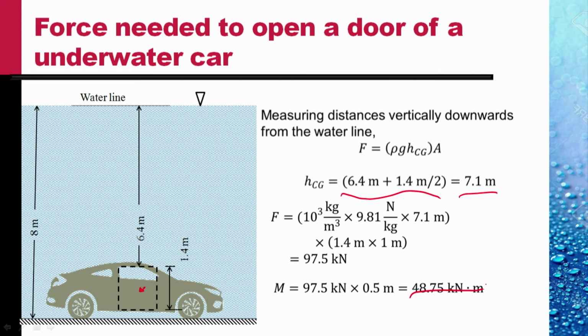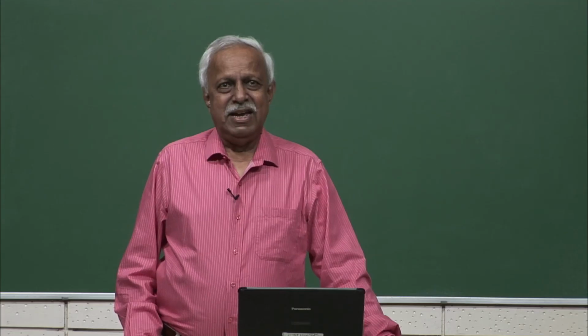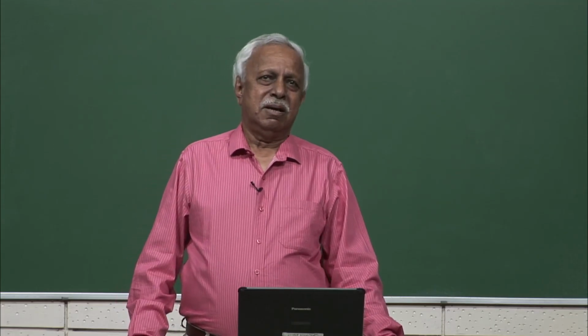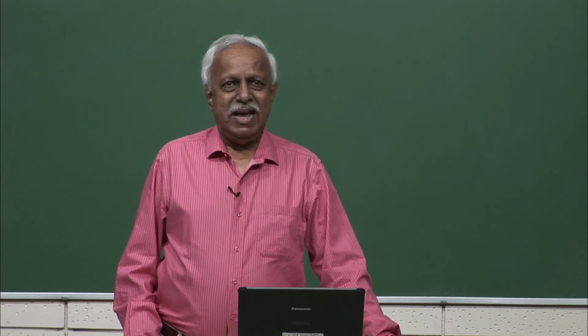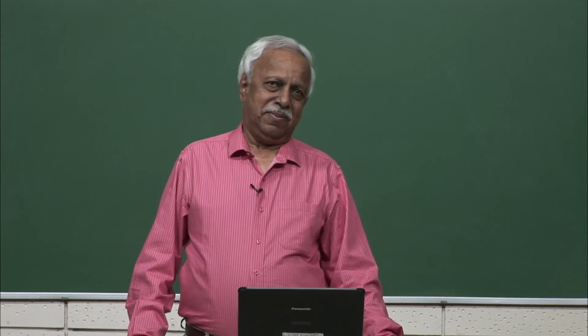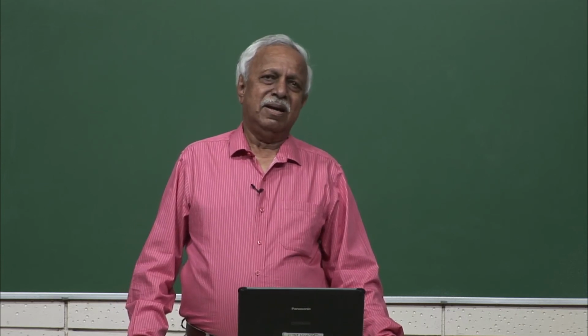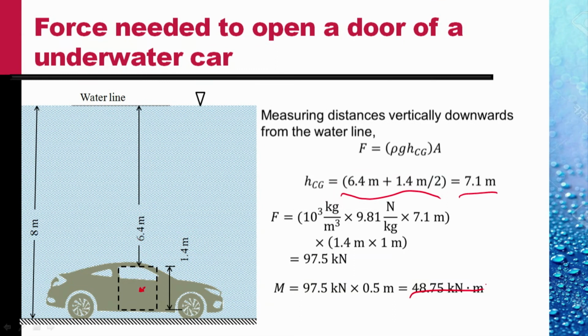So, is she doomed? No. She could lower the window if that is possible. If the electrical system is not broken down, she could lower the window, and as water enters the cabin, the forces on the back of the door would balance the forces from outside, keeping the door closed.